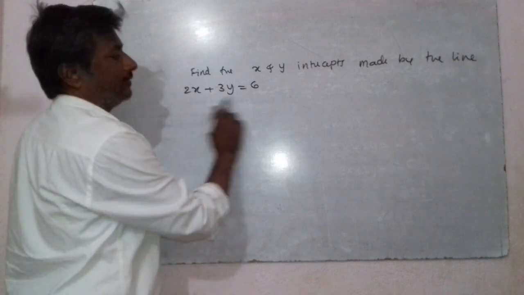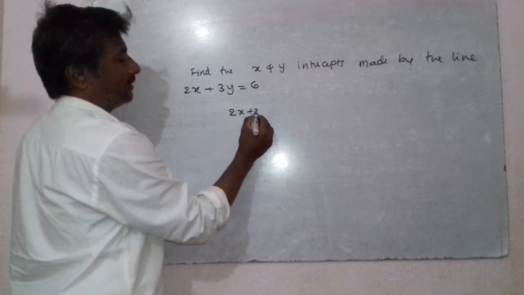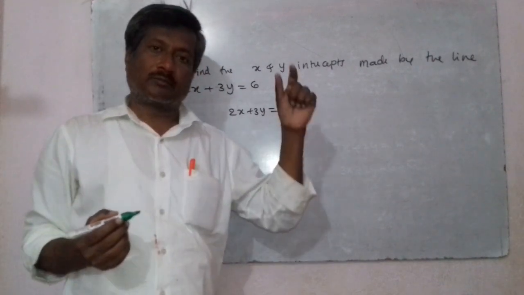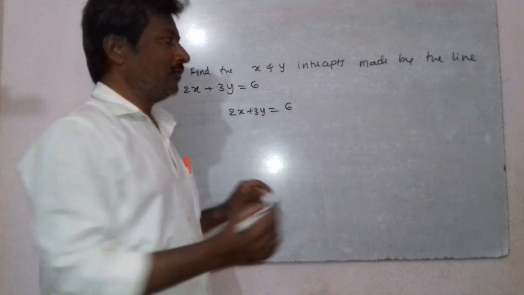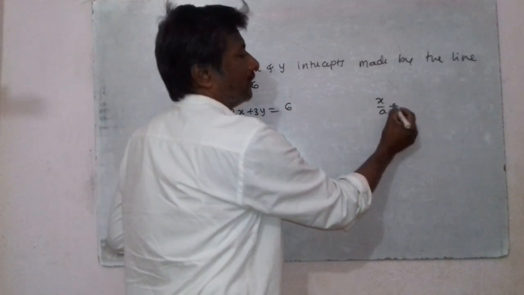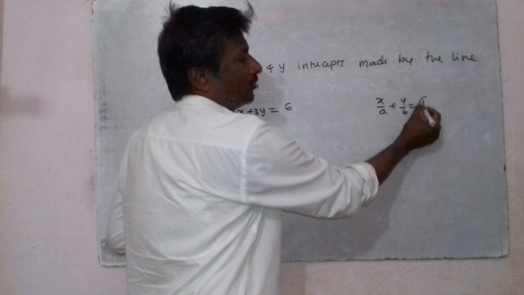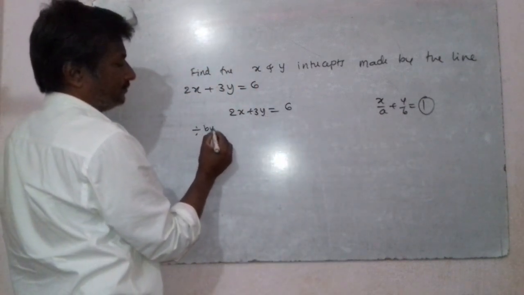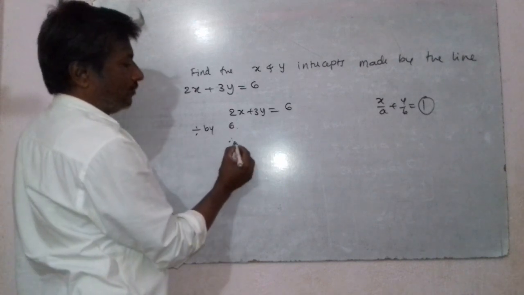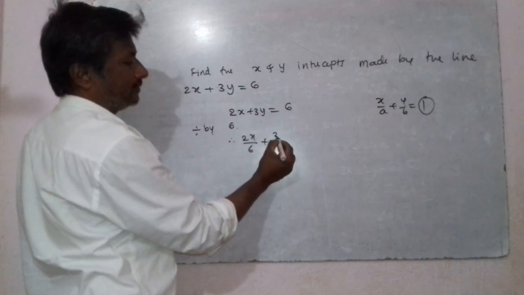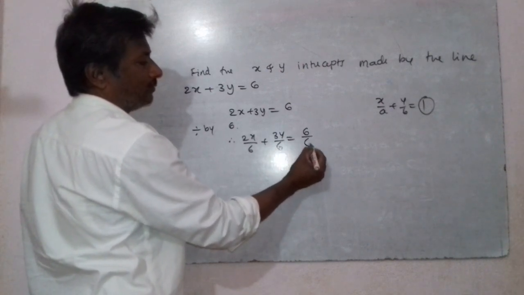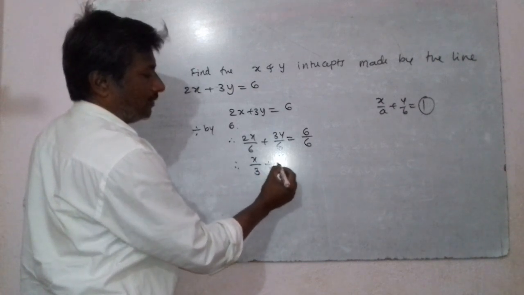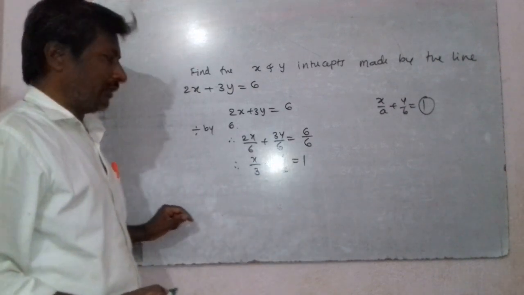First write the given equation, 2x plus 3y equals 6. To convert this into intercept form, x by a plus y by b equals 1, the right-hand side must be 1, so divide by 6. Therefore 2x upon 6 plus 3y upon 6 equals 6 upon 6, that is x upon 3 plus y upon 2 equals 1.